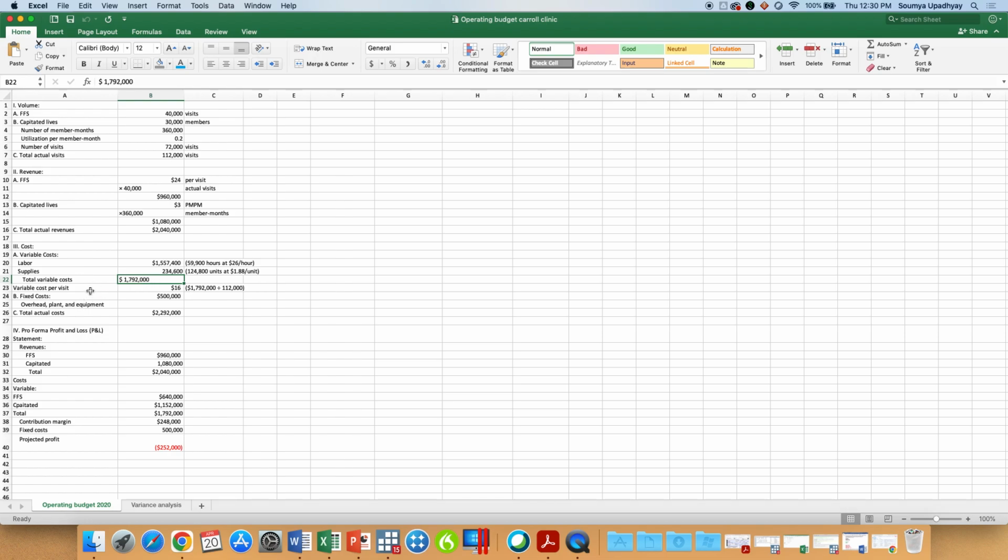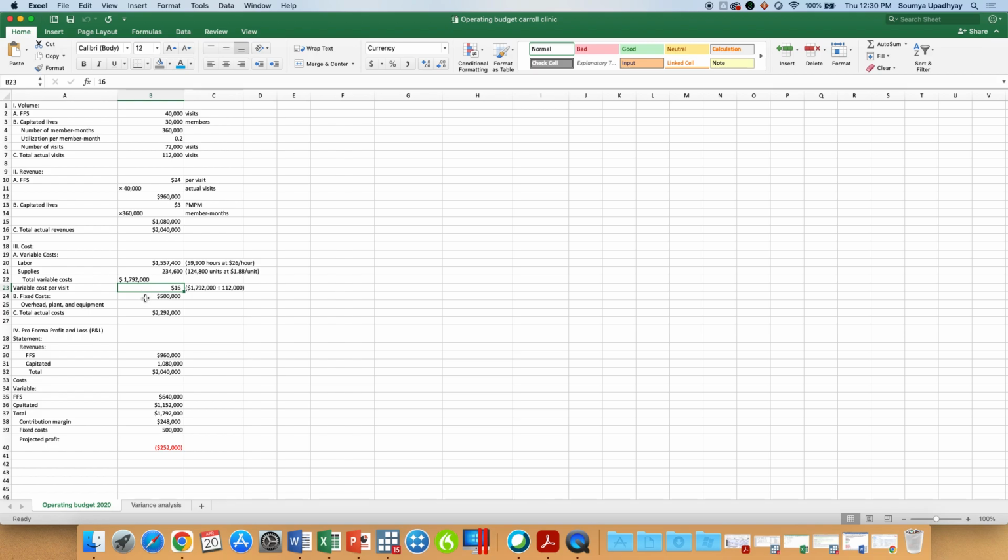For the variable cost per visit, we have $16, and that is given to us by a division of 1.792, which is the total variable cost, divided by 112,000 visits, which is here at line C of the volume, and that gives us a variable cost per visit of $16.